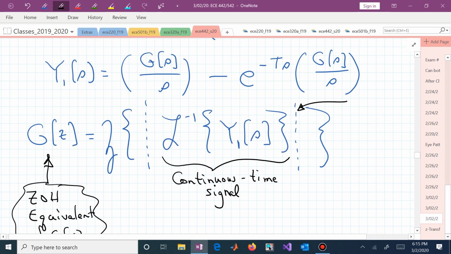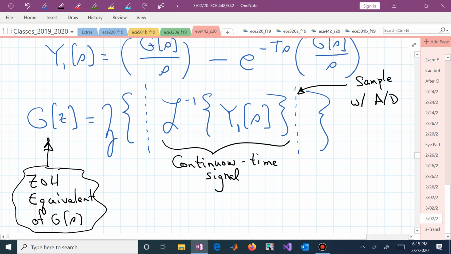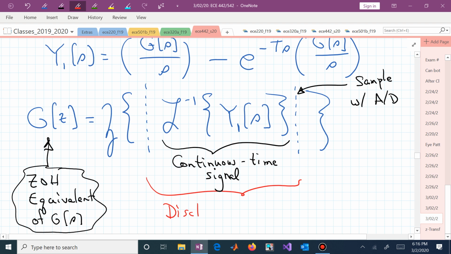The dotted line, that means sample. That's the symbol that I'm using to say that this is the sample with the analog to digital converter at the output side. By doing that, all of this now, outside of the sampler, is a discrete time signal.